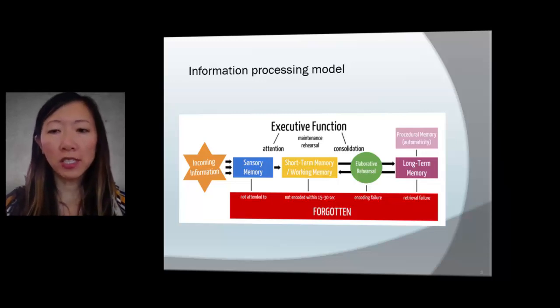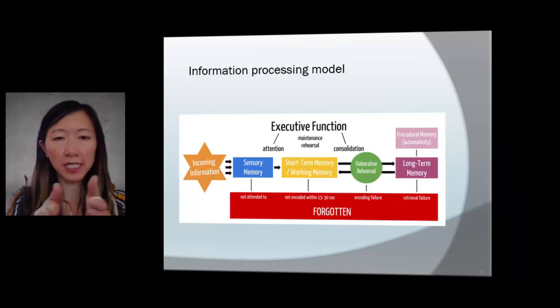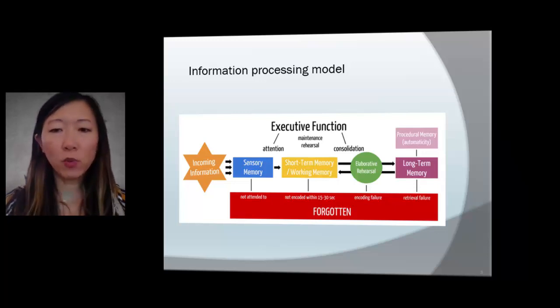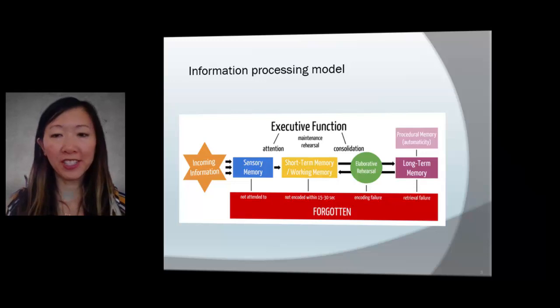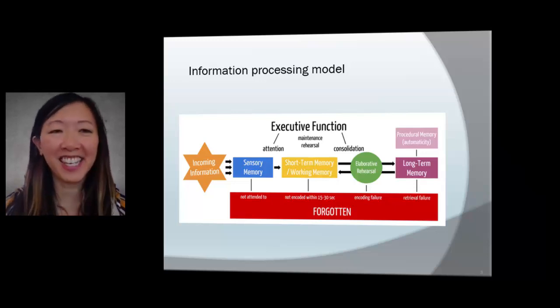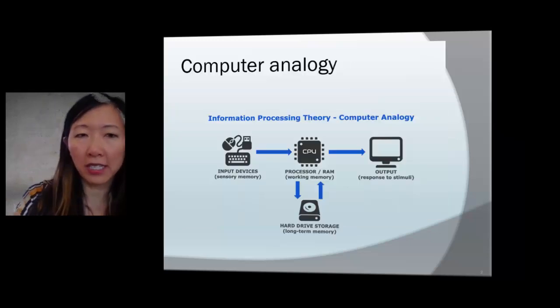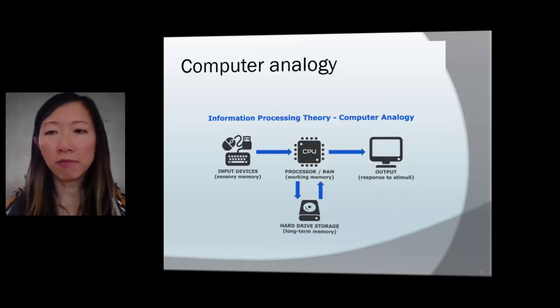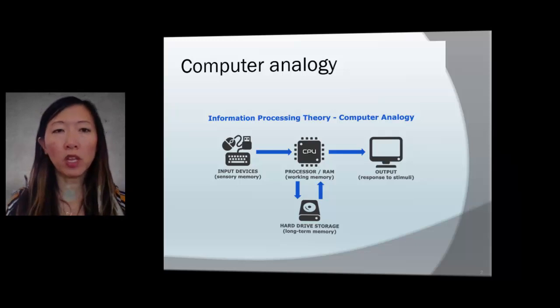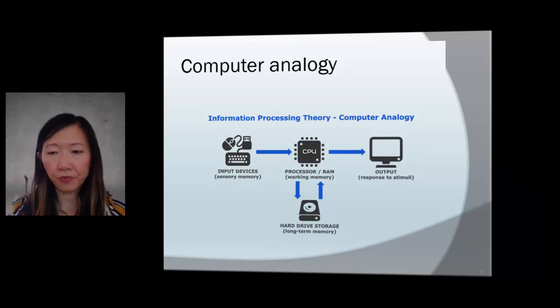This theory suggests that information is processed in stages, much like the way in which a computer processes data. Okay, so I want to go back to this. In the 1960s or 70s, when PCs were starting to become more common in people's households and in offices, we also had the emergence of cognitive psychology.